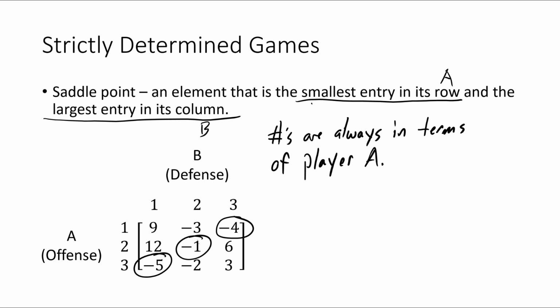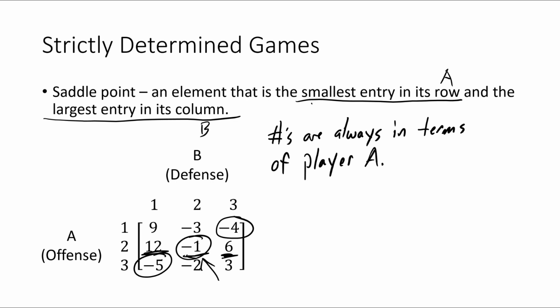And then we're going to underline the largest entry in every column. So first column, 12 is the largest entry. Column 2, -1 is the largest entry. And then column 3, 6 is the largest entry. And so we can see this -1 right here. We circled it because it was the smallest in its row, and we underlined it because it was the largest in its column.